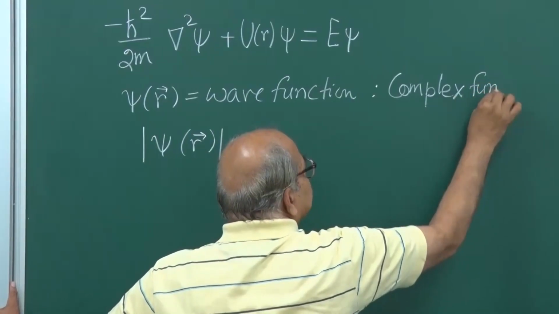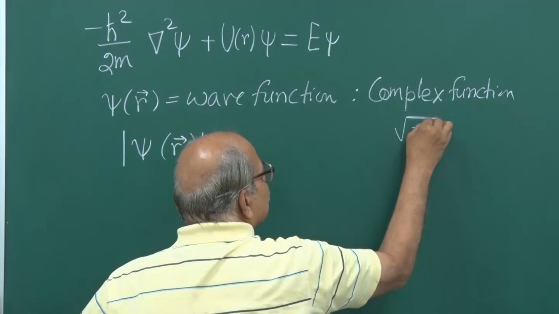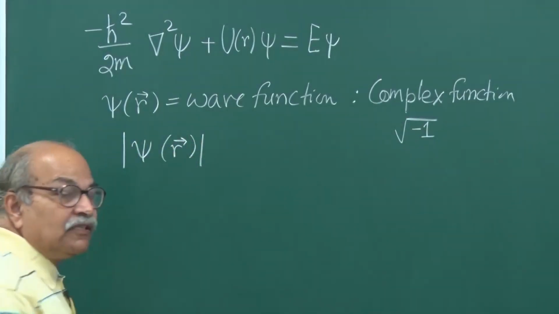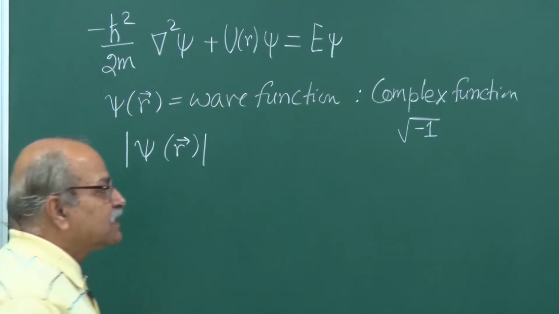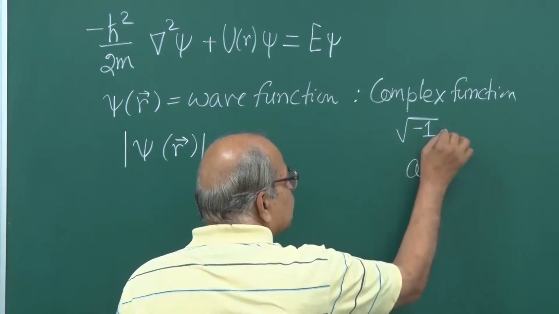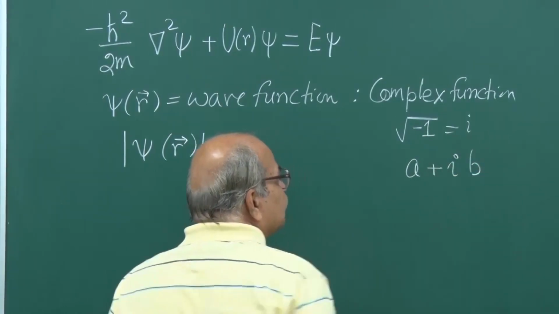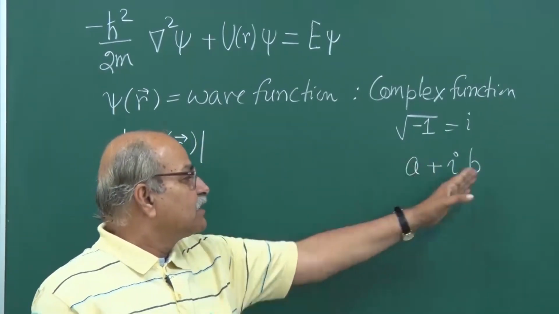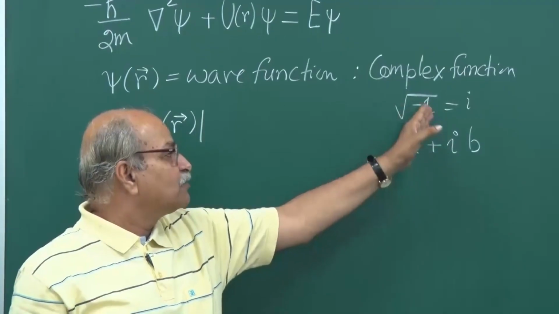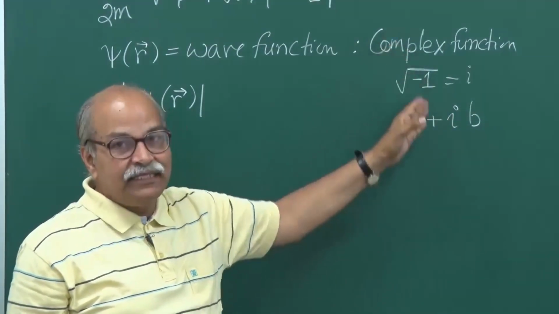If it is a complex function involving the square root of minus 1, remember complex numbers, numbers like some real number A plus iB, with a real number here and the square root of minus 1 here. These kinds of numbers are known as complex numbers.